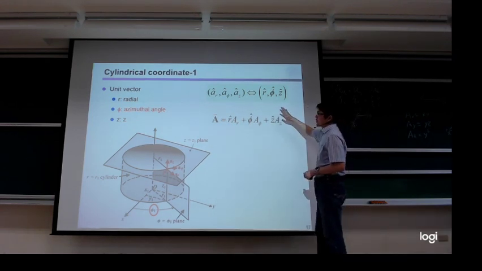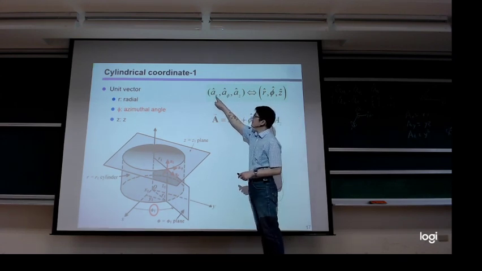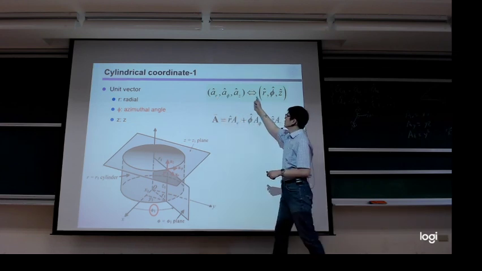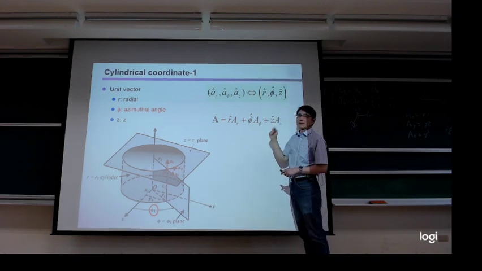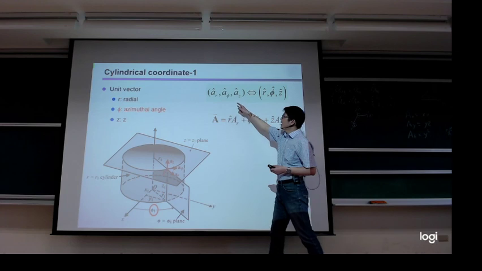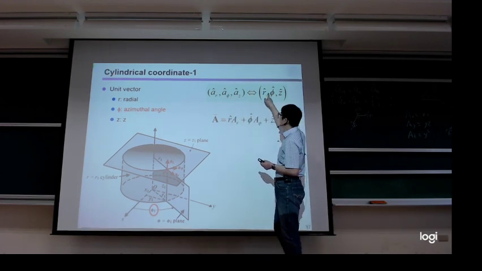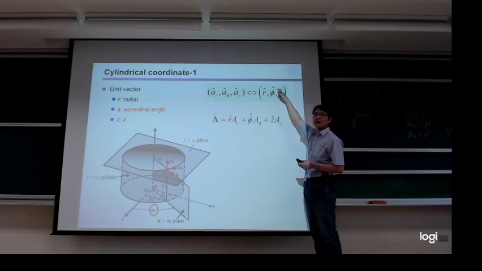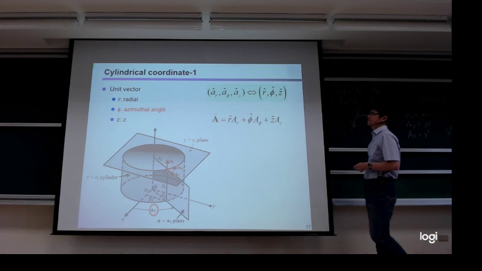So in the future, the unit vector in the radius direction, I will just write r hat. Radius hat means the unit vector in the radial direction. For the azimuthal angle phi, I can write phi hat. Z, just z hat. Right?